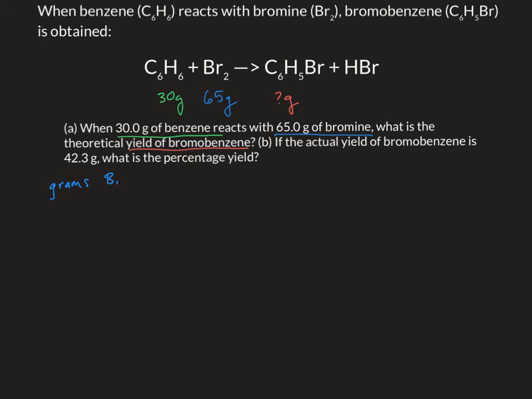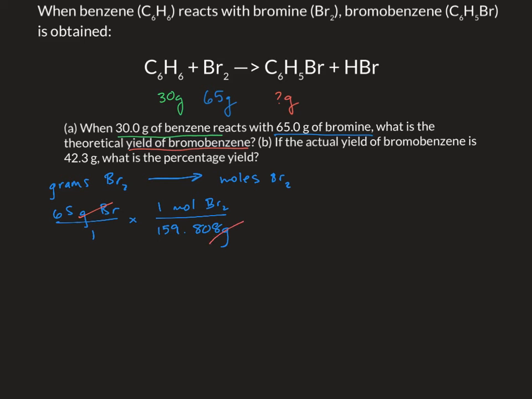First thing we need to do is figure out how many moles of bromine we have. We have 65 grams of bromine. The molar mass in this case is going to be 159.808 grams.